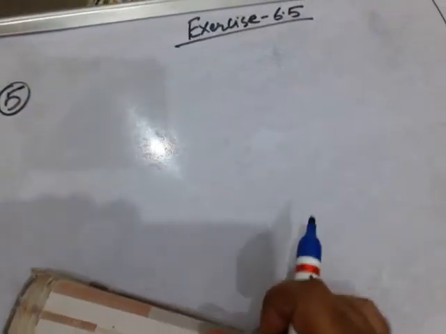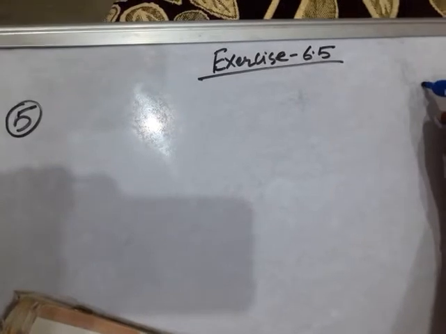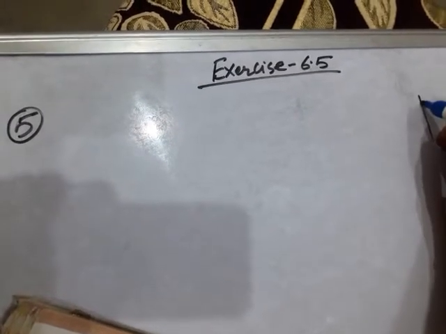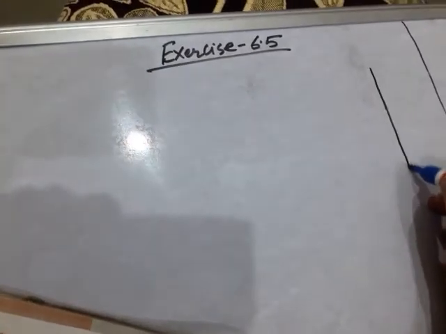What does it mean? A tree is broken at a height of 5 meter. A tree is there like this, a vertical tree. Clear?